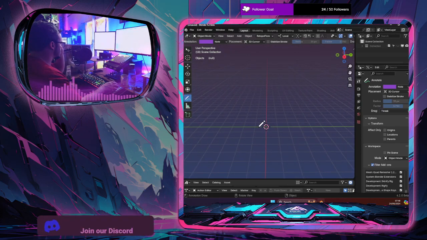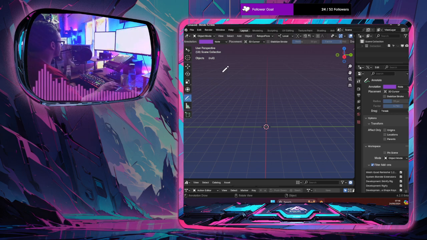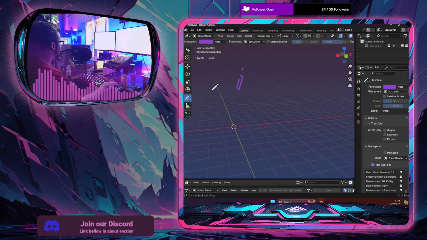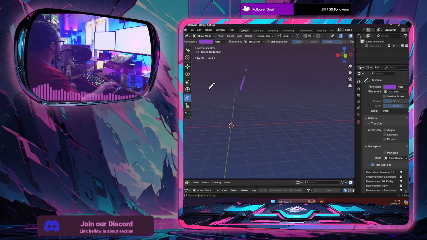And this is basically 2D shapes if we think about it. This is a 2D shape, all right?